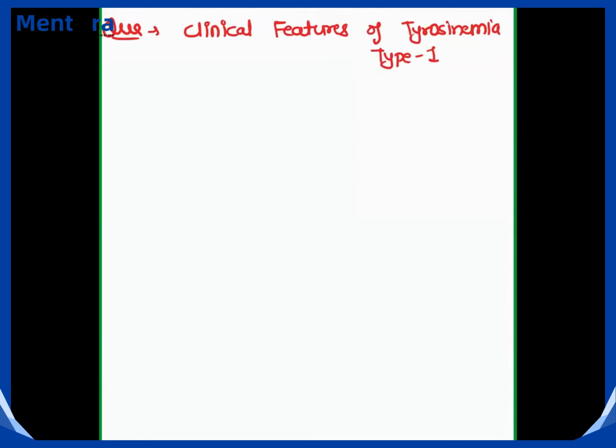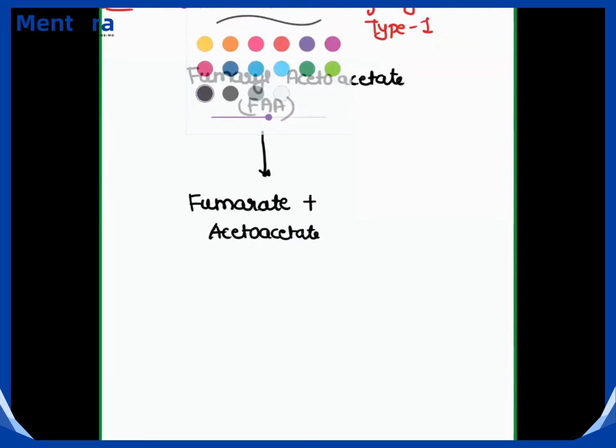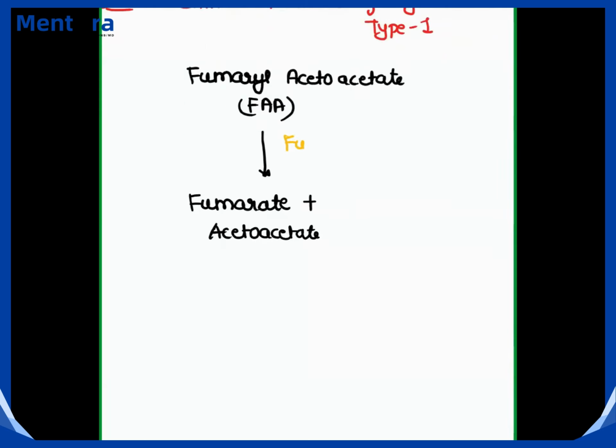There is a defective pathway of conversion of fumarylacetoacetate, that is fumarylacetoacetate converts into fumarate plus acetoacetate with the help of fumarylacetoacetate hydrolase.